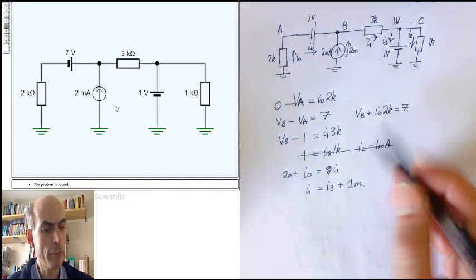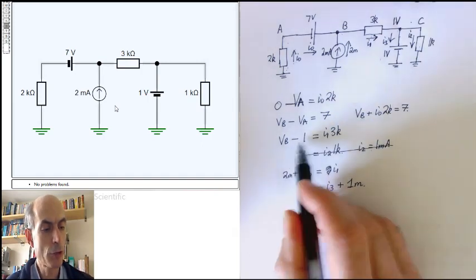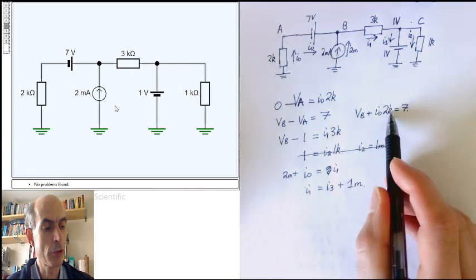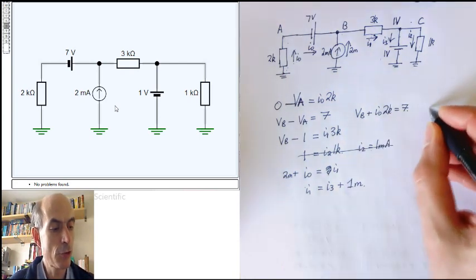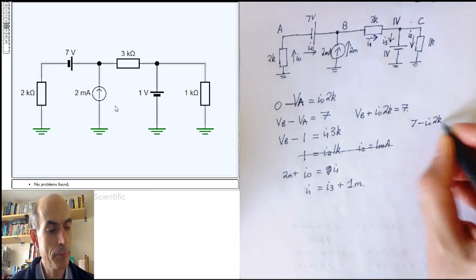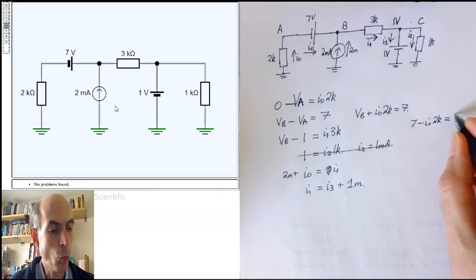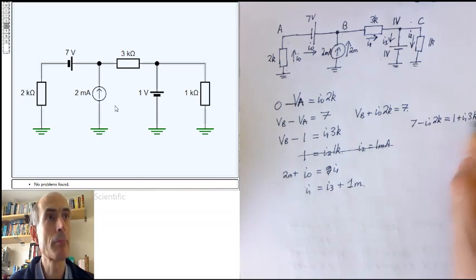I've then only got VB appearing in these two equations. So I could say that from this equation, VB is 7 minus I0 times 2K. And from this equation, VB is 1 plus I1 times 3K.